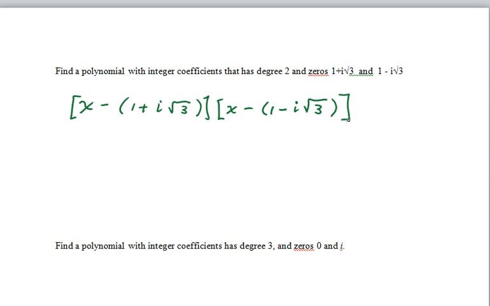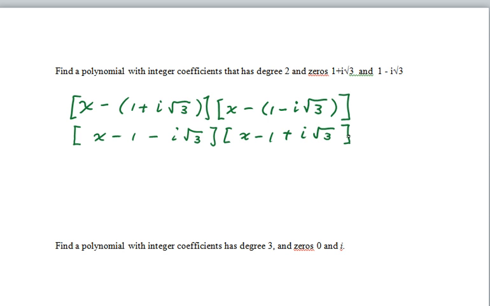Now, if I distribute the minus signs, I'll have x minus 1 minus i square root 3 and x minus 1 plus i square root 3.